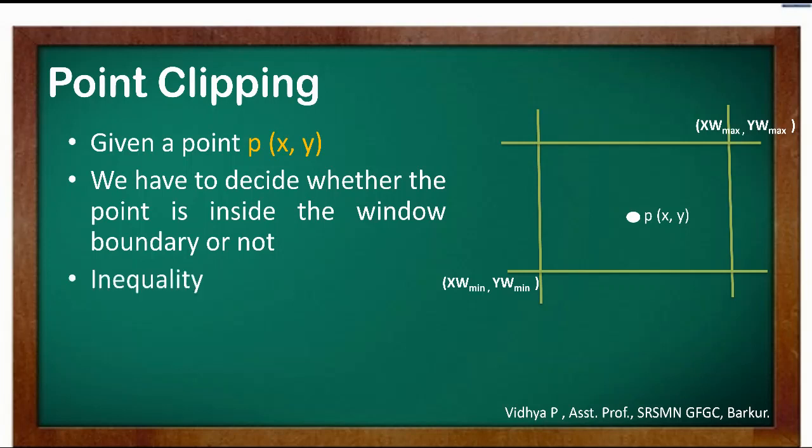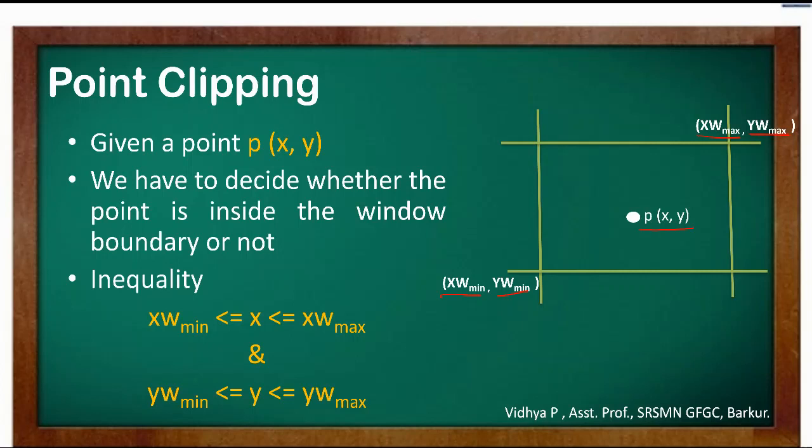If x lies between xw min and xw max, and also y lies between yw min and yw max, then we say the point P of x, y is inside the window boundary. So for any point P of x, y, we can just check this condition and decide whether it is inside or outside the window boundary. This we call point clipping.